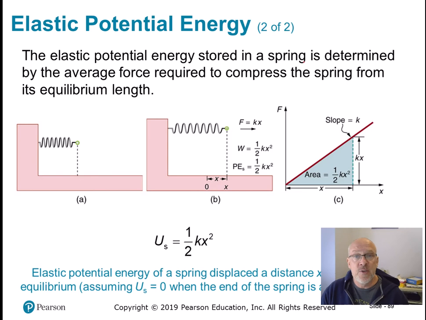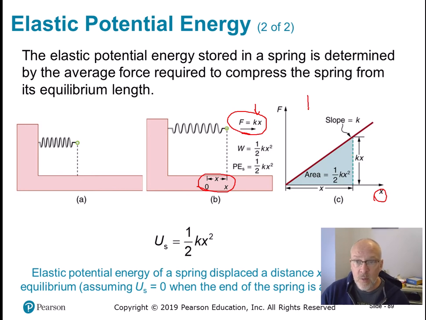So potential energy stored in a spring is determined by the average force required to compress it. And that's captured in that k, which is the spring constant. So force, this is an important equation here: the force to compress or stretch a spring is the spring constant times the distance that we stretch it or compress it. And if we plotted that, the force versus compression distance, and we then calculated the area under the curve, that would be the work done.